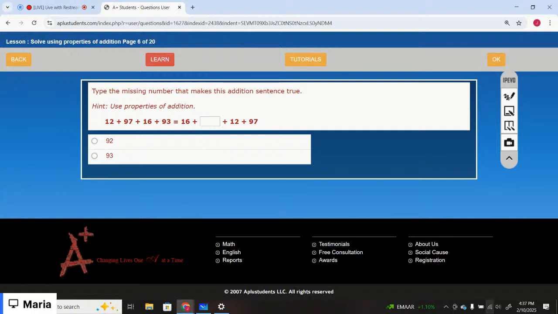Type the missing number that makes the addition sentence true. 12 plus 14, 97 plus 16 plus 93.